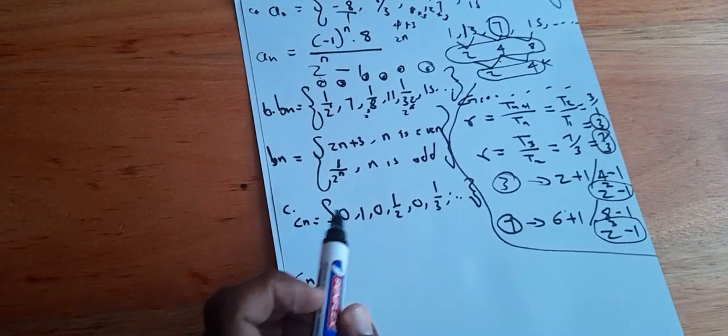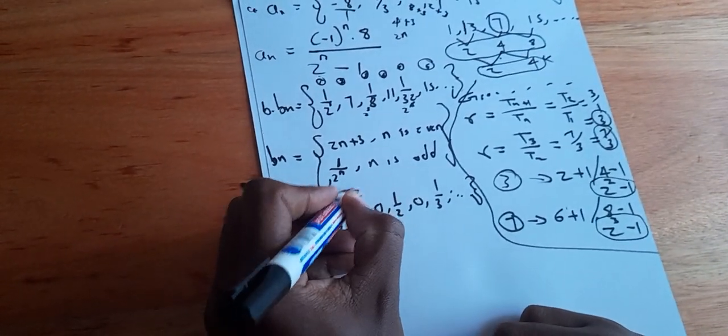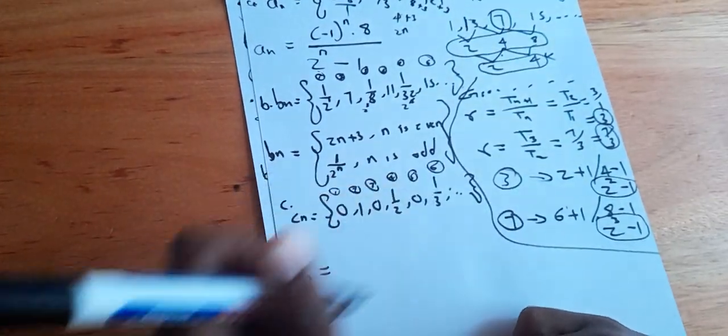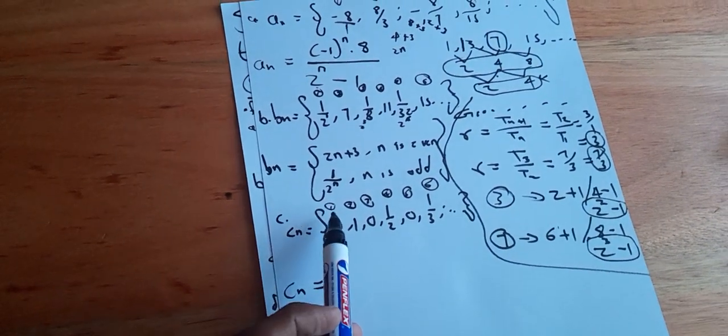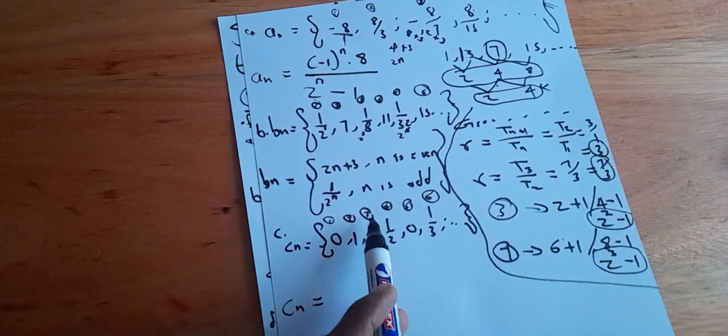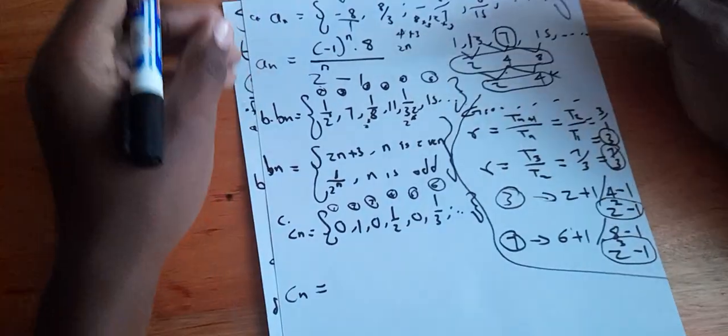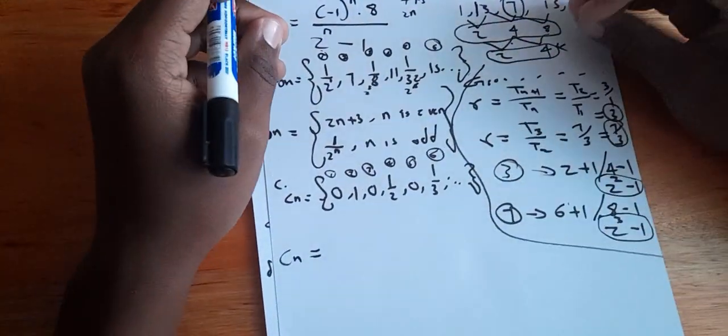When we check, this is the first term, second, third, fourth, fifth, sixth. The first term is 0. The third term is 0. The fifth term is 0. It is the set of odd terms, and it is constant.